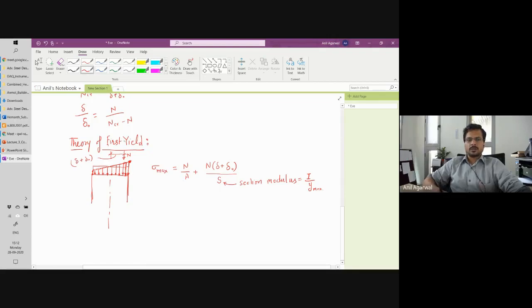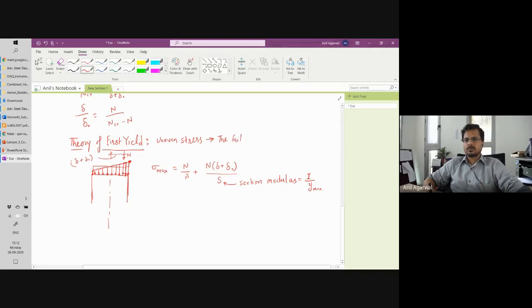Okay. Now the theory of first yield says that under the axial load, the uneven loads will be there. So uneven stresses will be there, as I had shown here. And as a result, the failure occurs. This is the first yield, the theory of first yield.